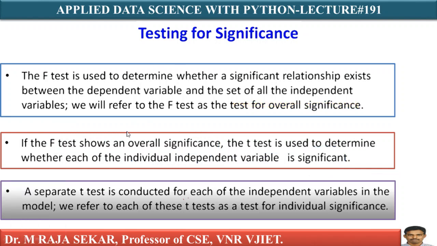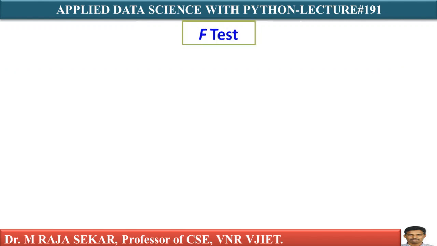From this slide, one must understand the difference between the F test and the T test. Otherwise, let me say it like this: the F test is used for testing the overall model of the regression equation, and the T test is used to test individual independent variables, whether they are significant or not.